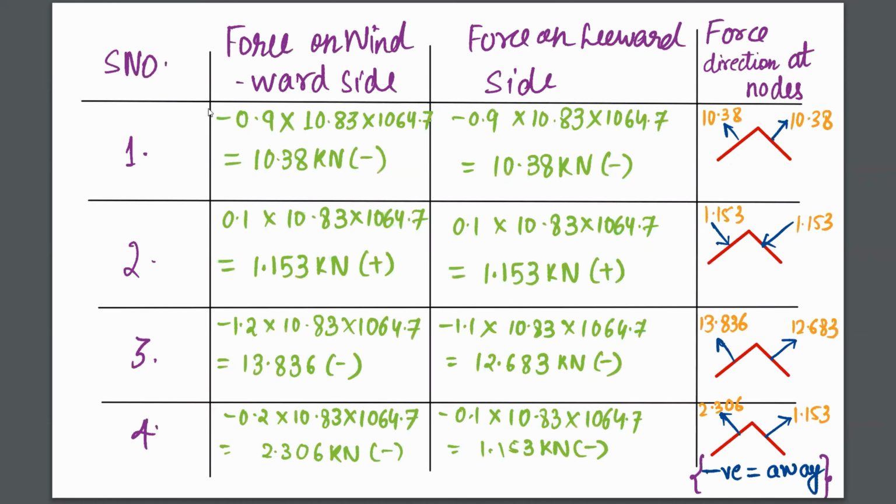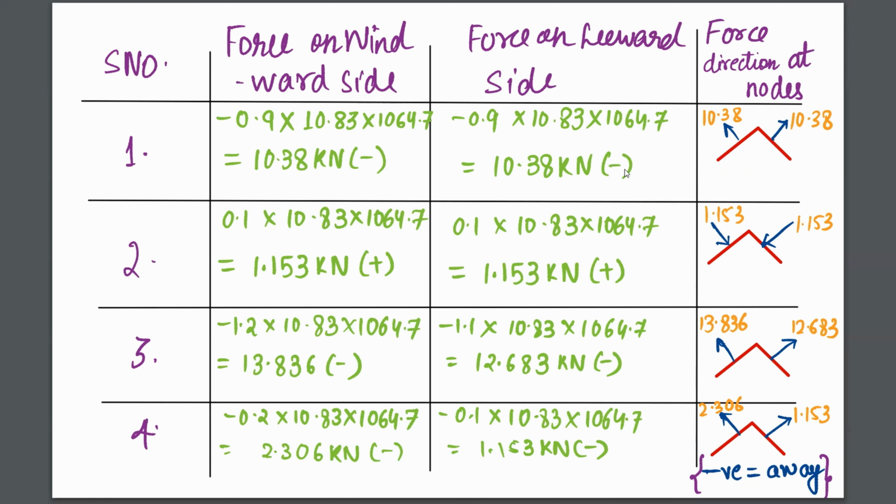Here I have calculated force for all the 8 cases. It is simple because CP external value is minus 0.9 for the first case, and then 0.1 for the second case, and similarly. So in this manner, we can get the value of force. Please be careful about sign, because sign indicates whether the force is acting away from the truss or towards the truss.